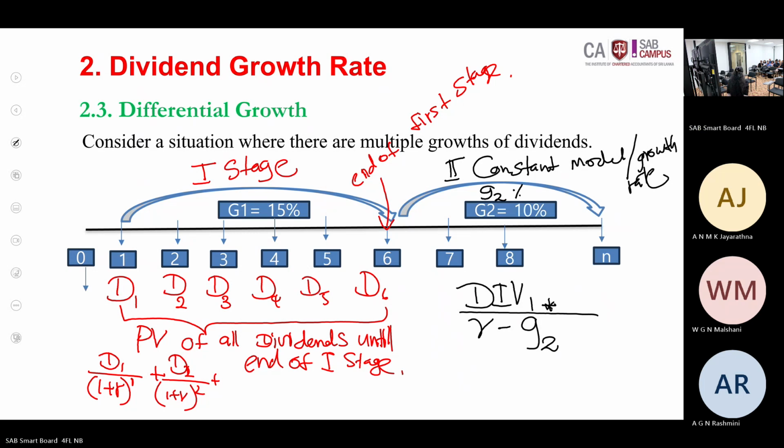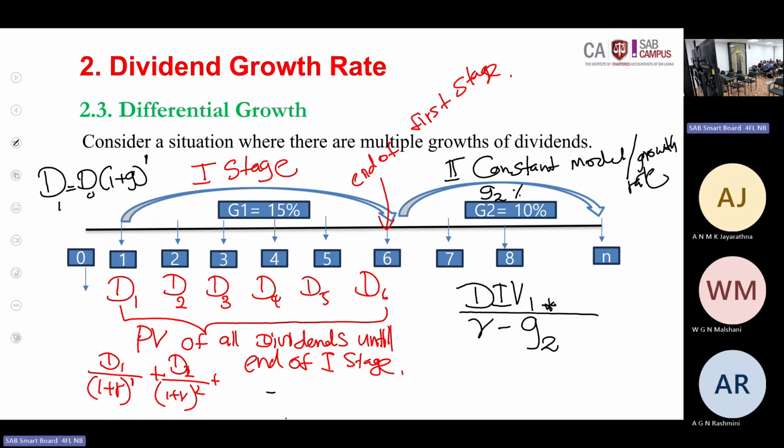By the constant model, we consider the D1. How can we take the D1? D0 multiplied by 1 plus growth rate to the power 1. So in the constant growth model, dividends are not constant. But the zero growth model, that's constant. This is another model.